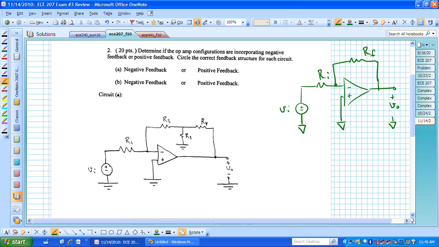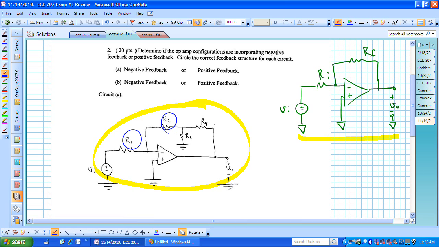The difference between this configuration on the right and this configuration on the left is that the one on the left actually allows us to use smaller resistor values than what we might be calling for there with R sub F in order to achieve the same amplification quantity or gain in our circuit.